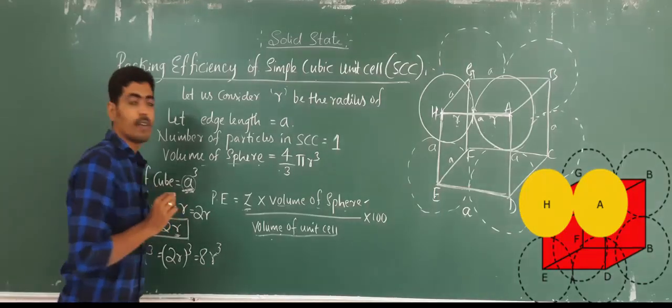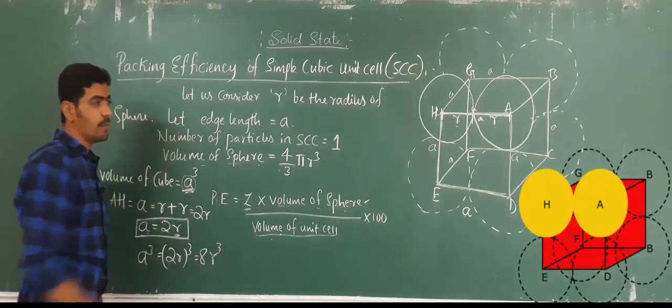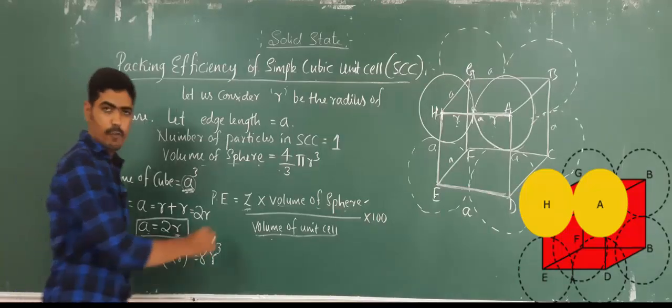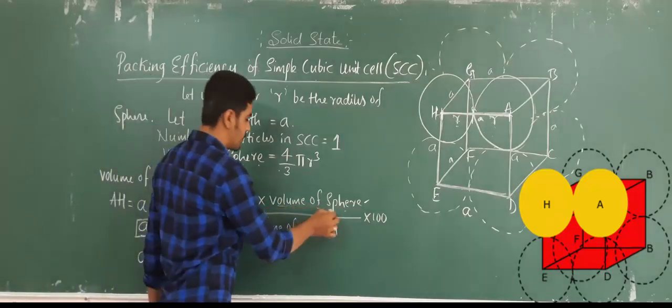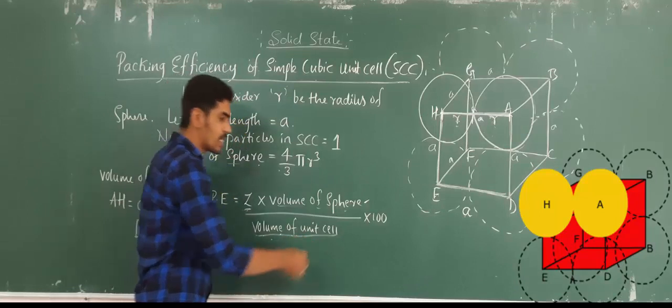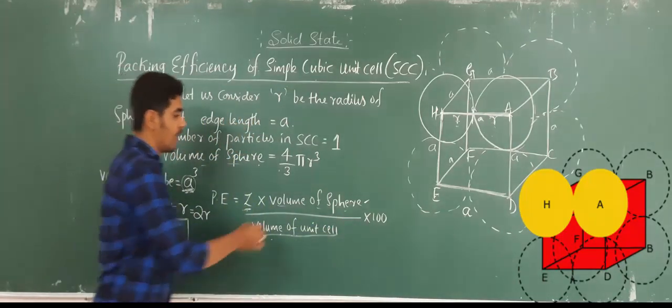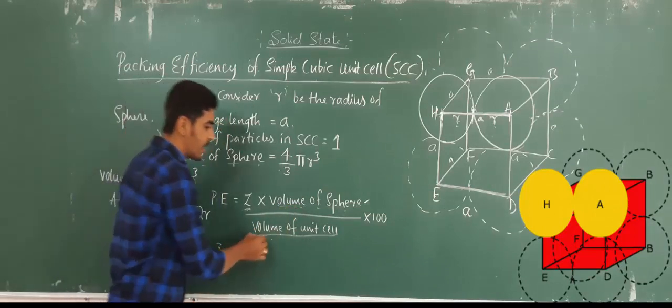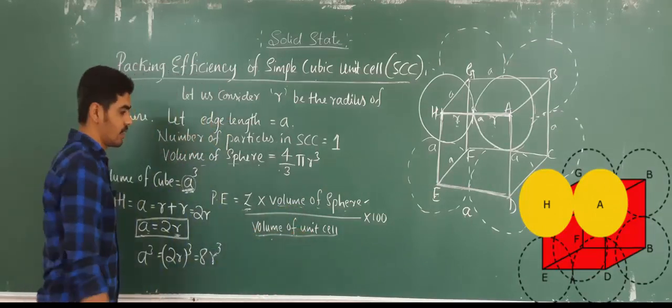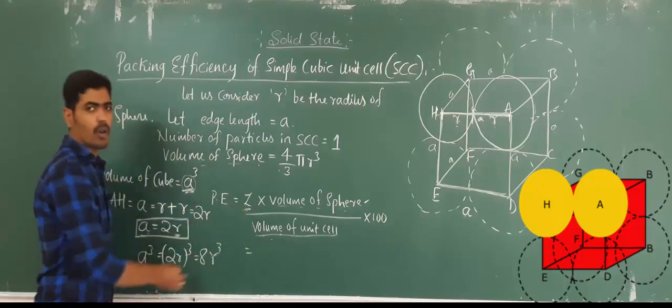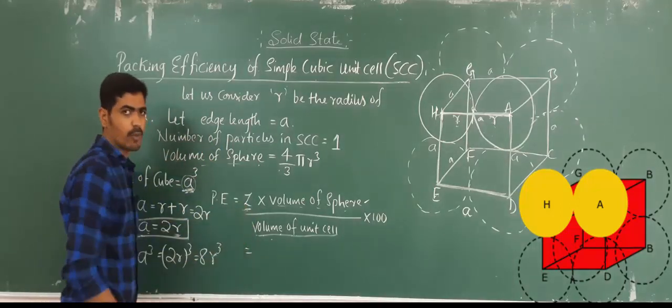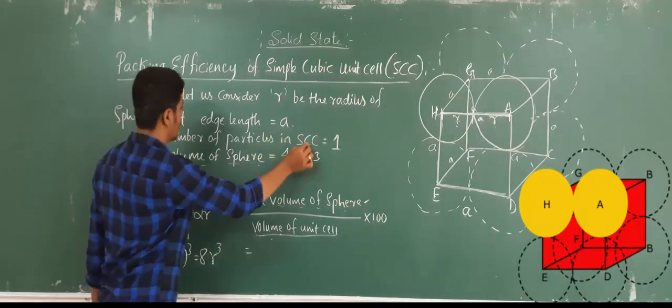Now, what is your aim? Your aim is to calculate the packing efficiency. What is the formula? Z into the volume of the sphere divided by the volume of the unit cell into 100. So you have calculated Z, the volume of the sphere, and the volume of the unit cell. So simply substitute all these values in this formula. Z is equal to how much?